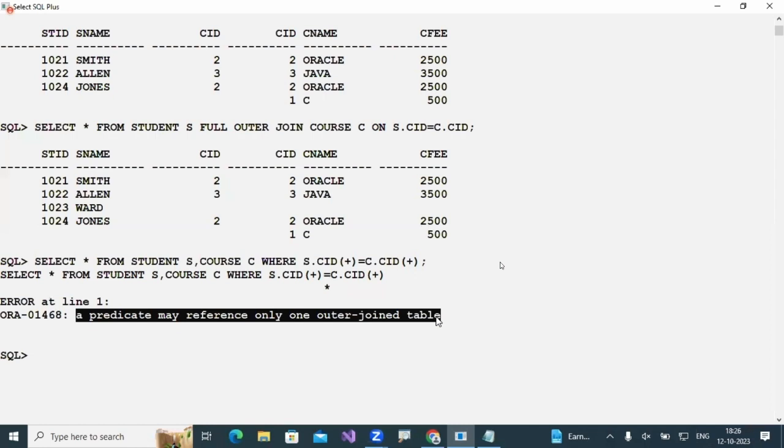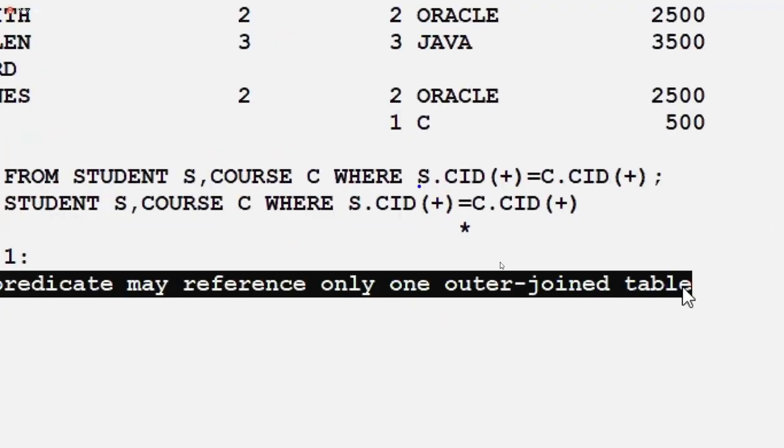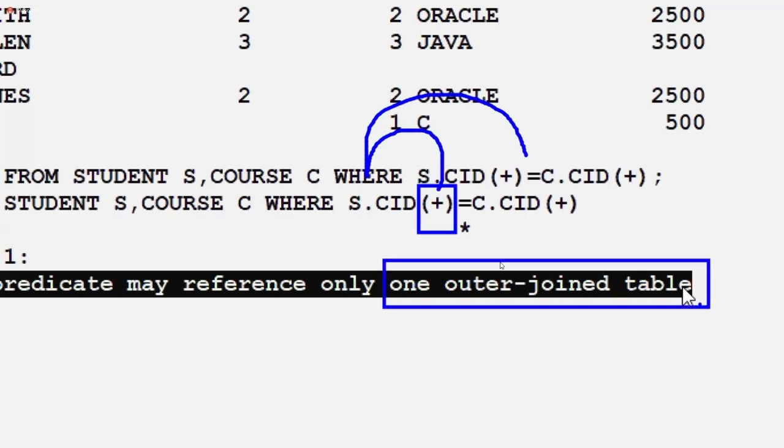It means this join operator, you can use on any one of the tables, but not both tables. We can't apply it on both tables. It's not allowed. Only one table is supported. So that means this is not the way to implement full outer join.